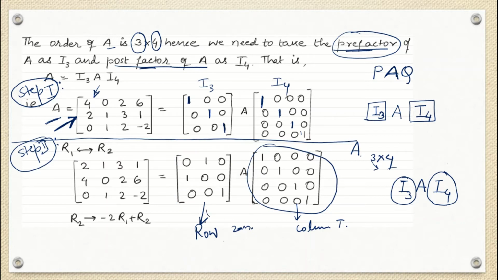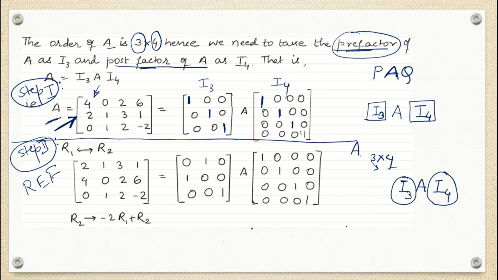This is my matrix which is given to us, and I have to convert it into the normal form. To convert the matrix into normal form, we first convert the matrix into REF form, by only row transformation. My first focus is this number.